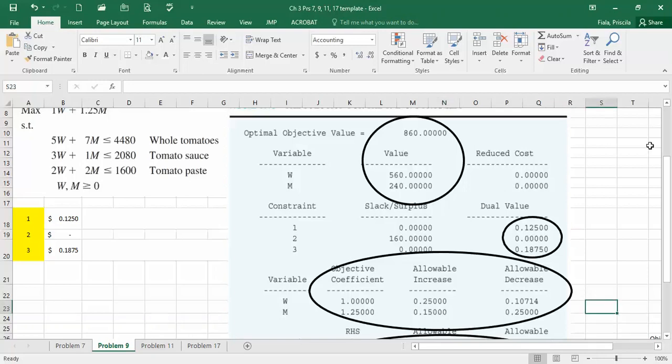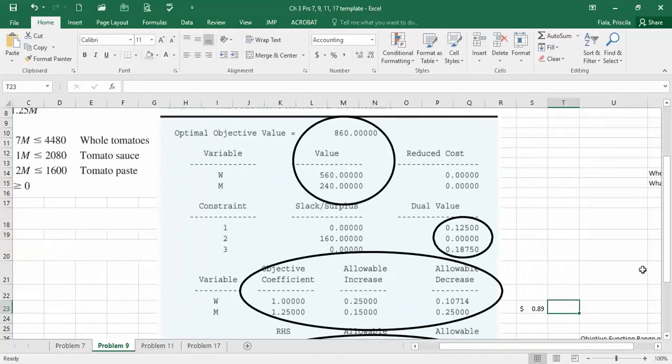So right here for your range, you're gonna have a dollar, and then your decrease, we always do the negative first. Your decrease of 10.714 cents. So we're gonna do 1 minus 10.714. So you can go to 89 cents without compromising the whole problem and the whole report.